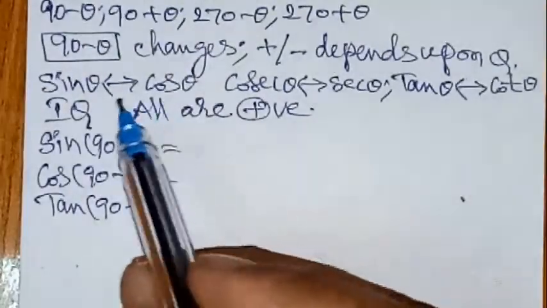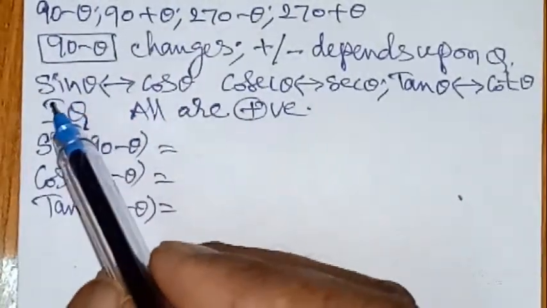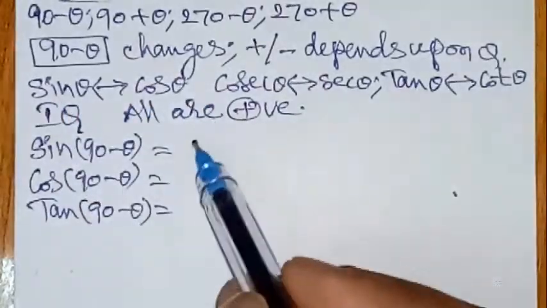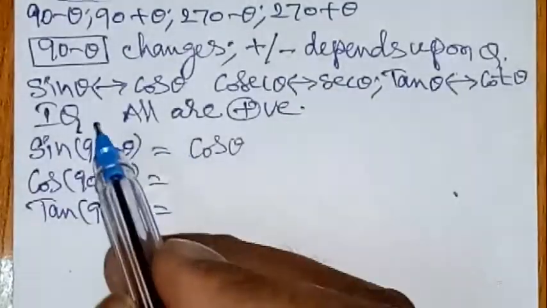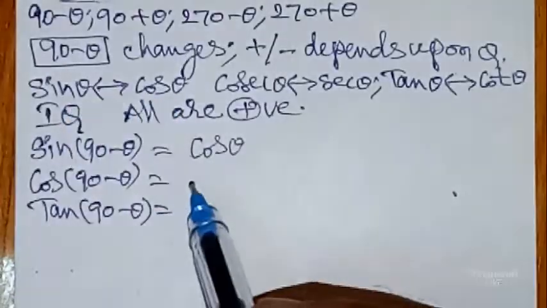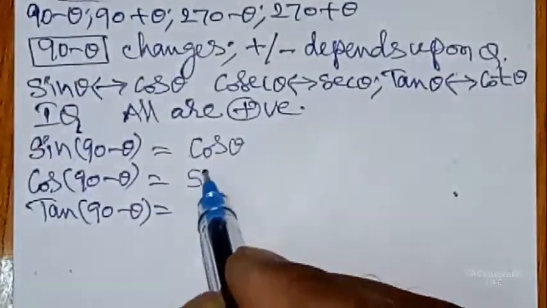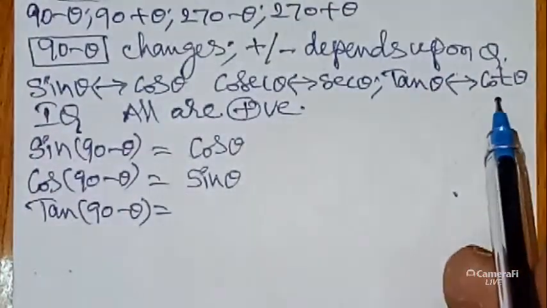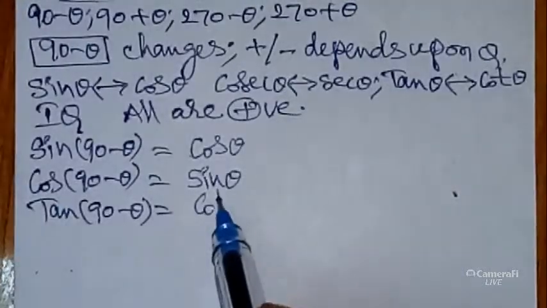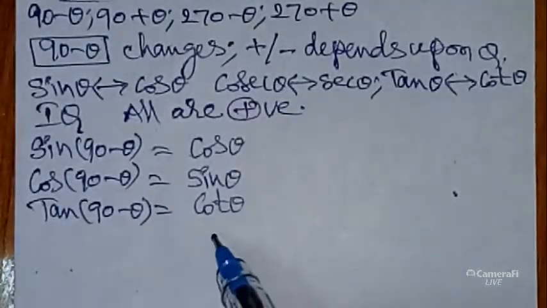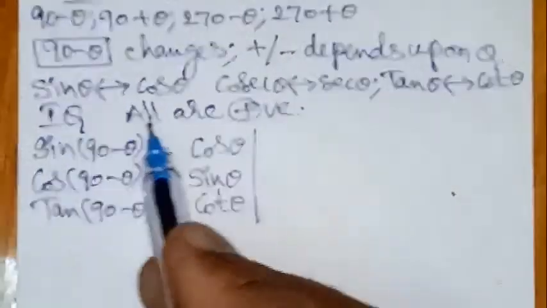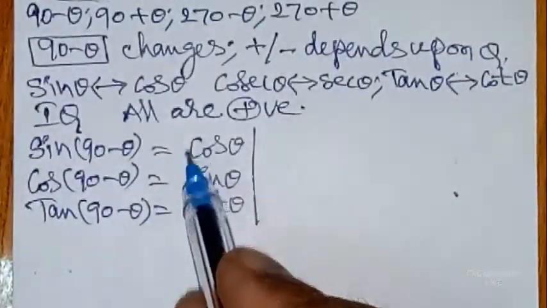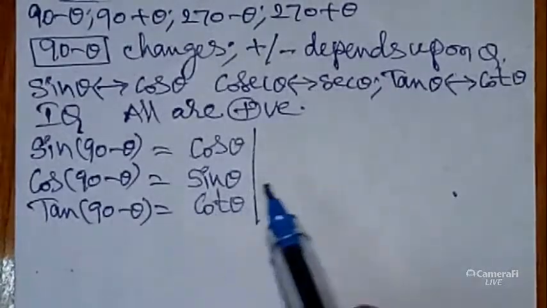Here already I told you, my dear students, sin is changed to cos, so you can write cos. Next, cos is changing to sin, you can write here sin. Next, tan is changing into cot, very nice, you can write here cot. After that you can verify: in first quadrant all are positive, no need to write a negative symbol.